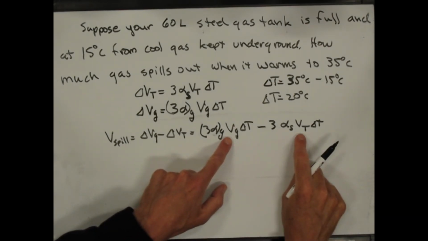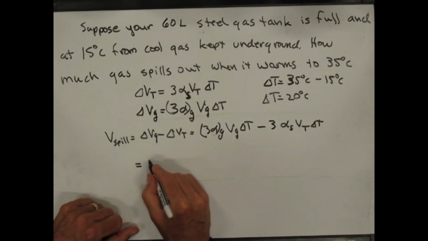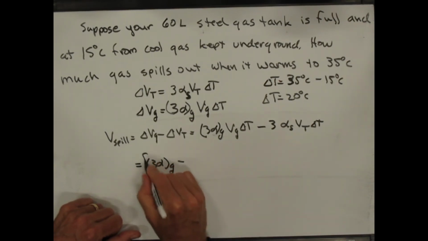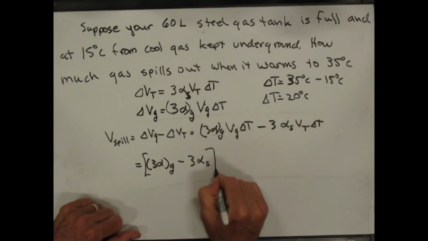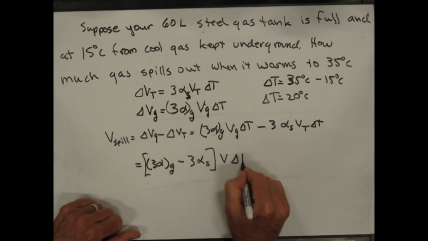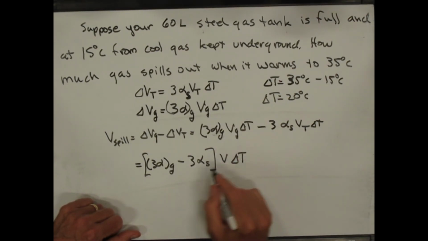They're both 60 liters. It's the alphas that are different. And so this really comes out to V spill is equal to 3 alpha for gasoline minus 3 alpha for steel, times V times delta T, where I can use either V gas or V tank because they're both 60 liters, so I'll just call it V.